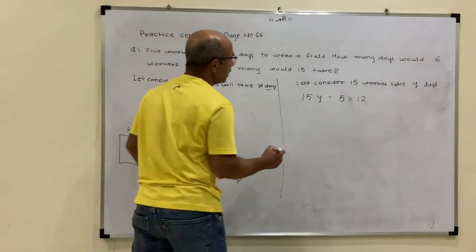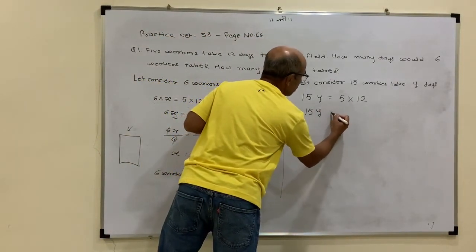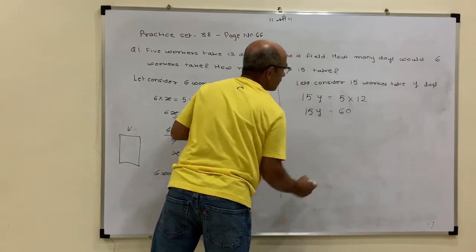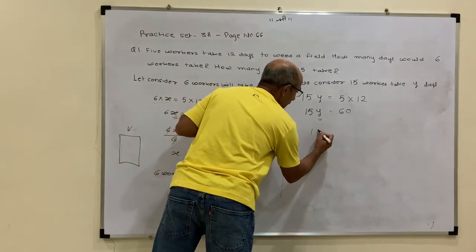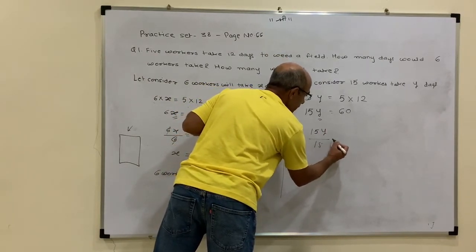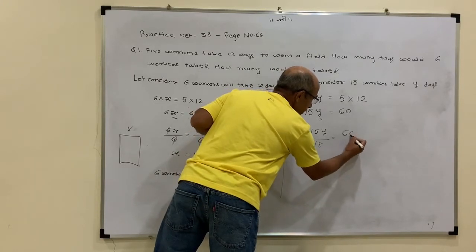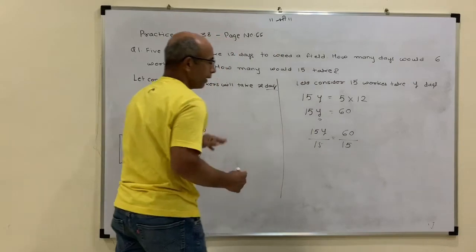So now 15y equals 60. Now to isolate this y, I divide the left hand side by 15 and I have to do the same operation on the right hand side to maintain the equality.